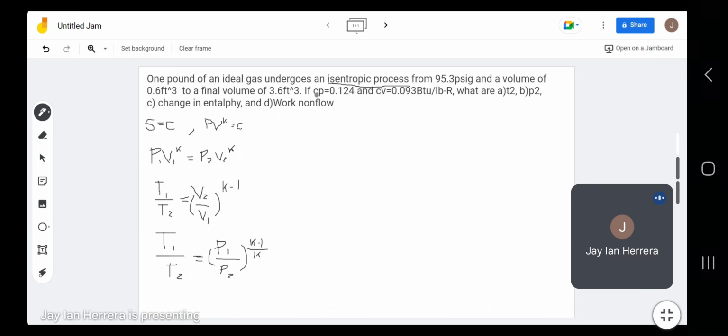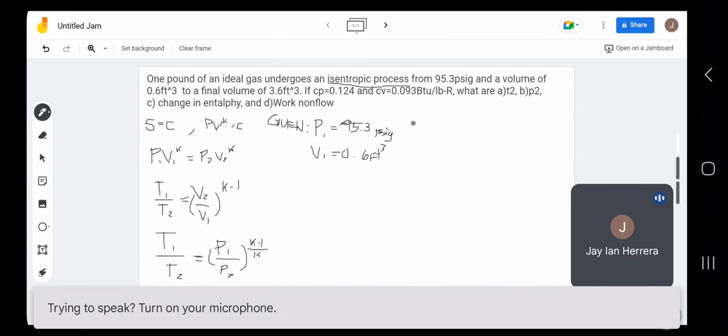In this given problem, we are required to find T2, P2, delta H, and the non-flow work, Wn. So let's determine the given properties. At point 1, we have pressure P1 of 95.3 psig. We have volume 1 of 0.6 cubic feet.